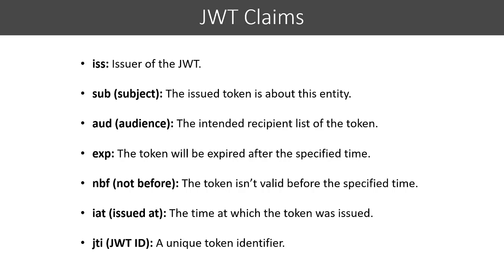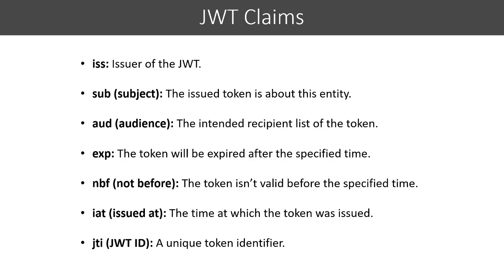Next is EXP. The EXP claim identifies the expiration time on or after which the token is not accepted for processing. Next is NBF. The NBF claim identifies the time before which the token is not accepted for processing. The next claim is IAT.